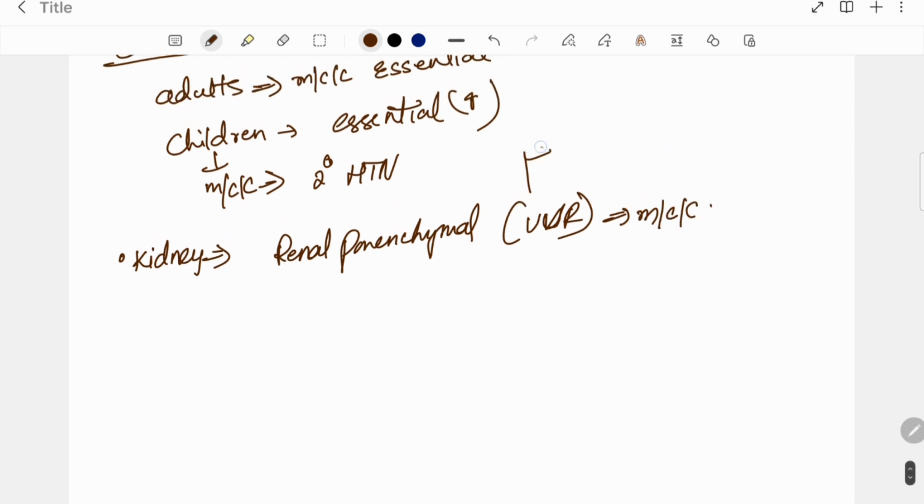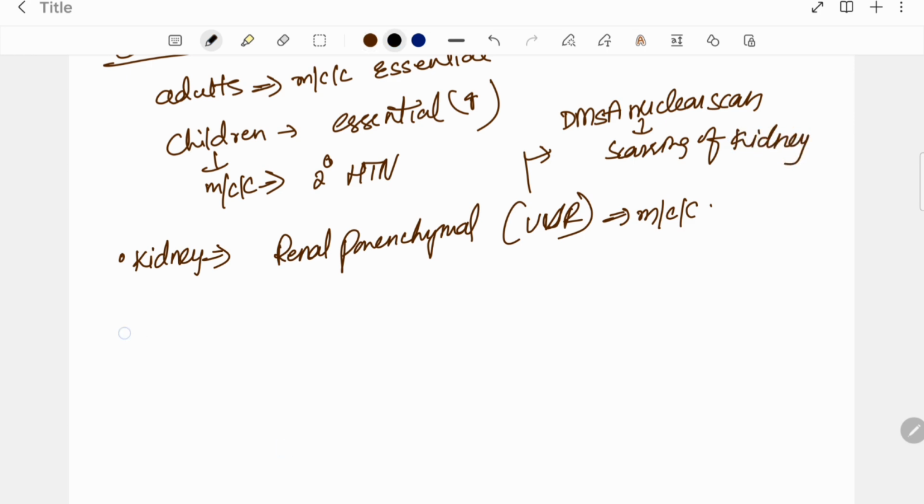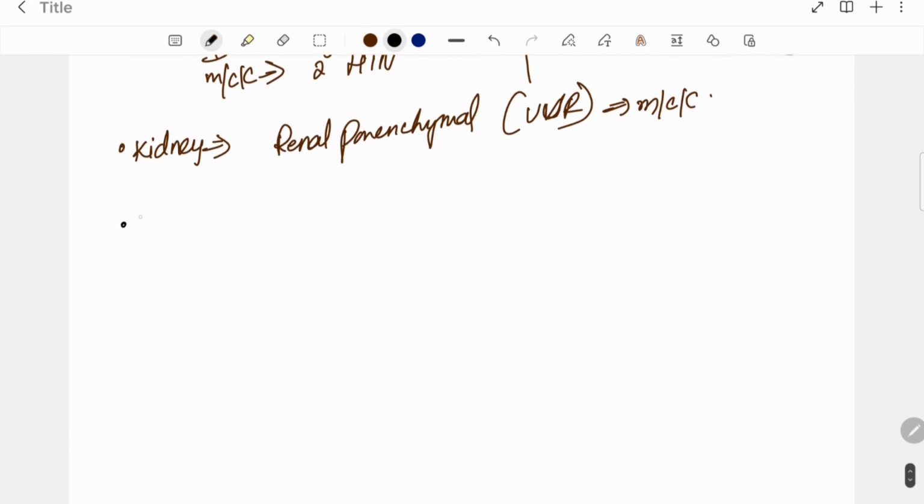In vesicoureteric reflux, we have to do the DMSA nuclear scan. We can see the scarring of the kidney. And the second one is the renovascular problem, major and minor.